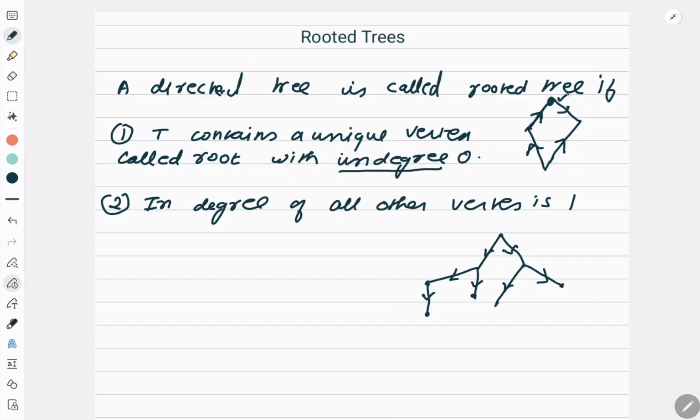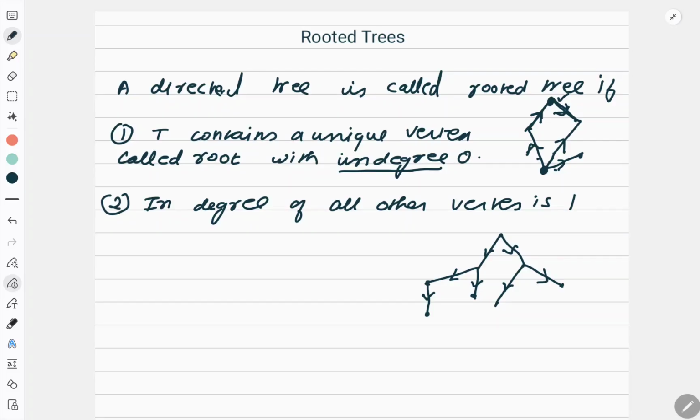Like the in degree of this vertex is 1 and its out degree is also 1. Suppose I have one more edge like this. For this, the out degree is 1, 2, 3, and the in degree is 0. Whatever is coming inside is in degree, and whatever is going out from that vertex is called out degree.